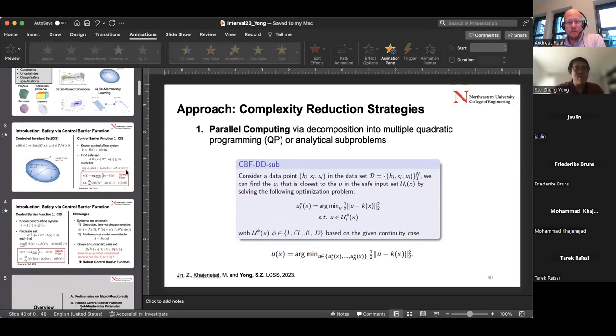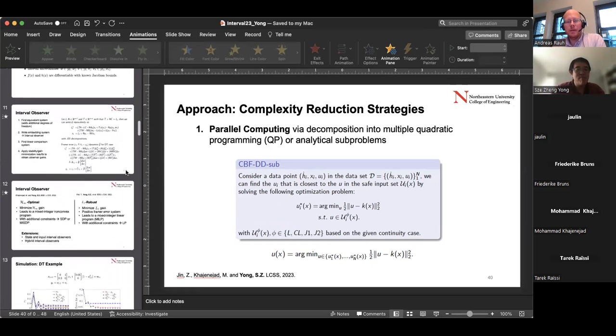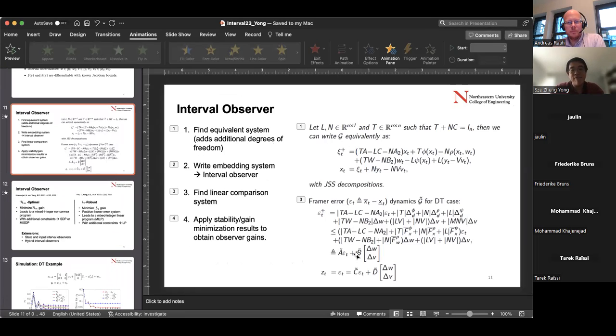So yeah, I guess you're right. The gains that we are defining when we say we are minimizing the H infinity gain, we're actually defining it for the linear comparison system. So it's not the true H infinity gain, it's just for the linear comparison system.